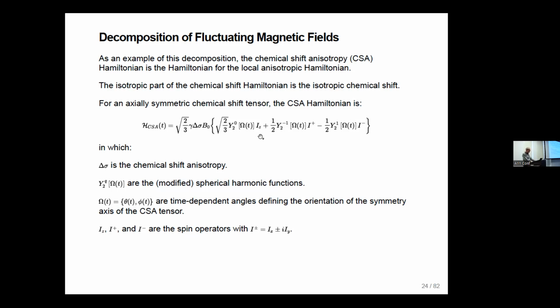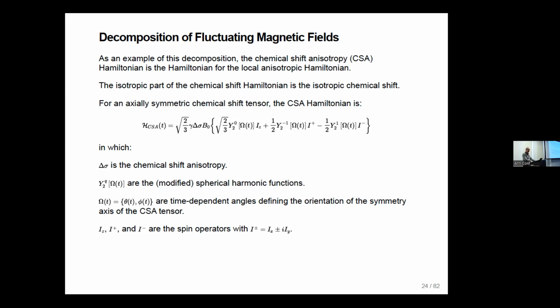So we can look at the Hamiltonian and pick out what parts are longitudinal, what parts are transverse. We can see the dependence on tumbling because the angles theta of t and phi of t will depend on the orientation of the molecule in space. The spherical harmonics have the property that if we average over a uniform distribution in space, they're all 0.